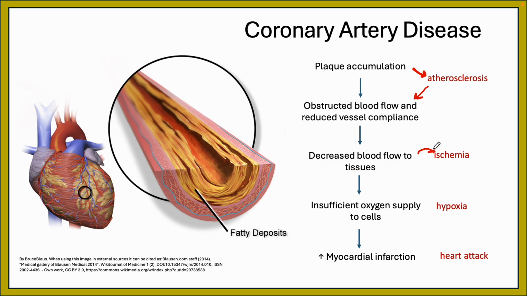Because you have decreased blood flow, that is going to in turn result in hypoxia, insufficient oxygen, and that can lead to a myocardial infarction, which is a medical term meaning heart attack. The disease progresses slowly.